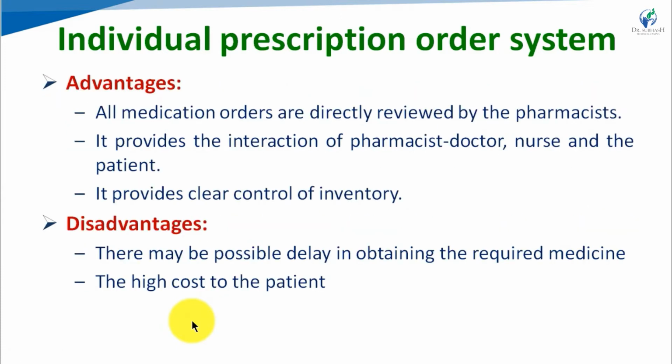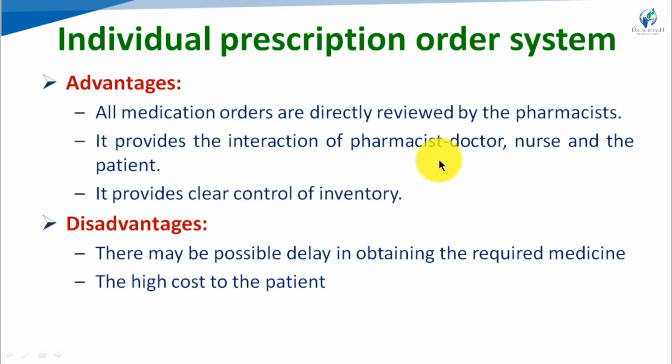So here there are some advantages of the individual prescription order system. All medication orders are directly reviewed by the pharmacist. That means the pharmacist directly comes in contact with the patient.